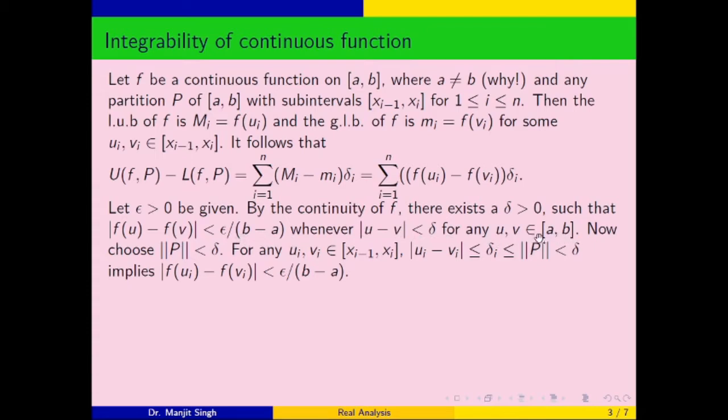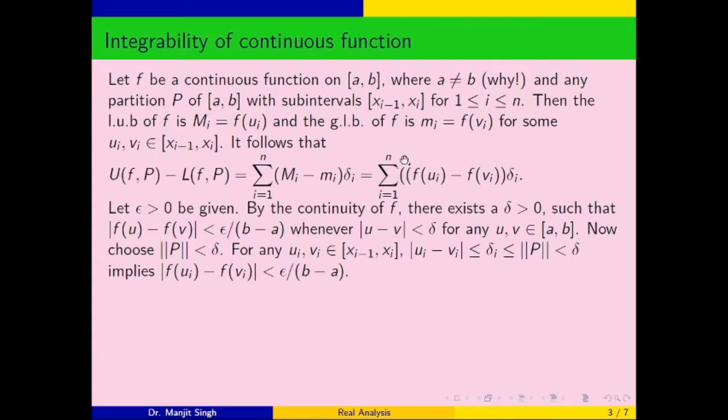This point should be noted: it is true for any points u, v in [a, b], and if their difference is less than delta, then the difference of their images can be made less than epsilon upon b minus a. We will use this fact now in this expression.